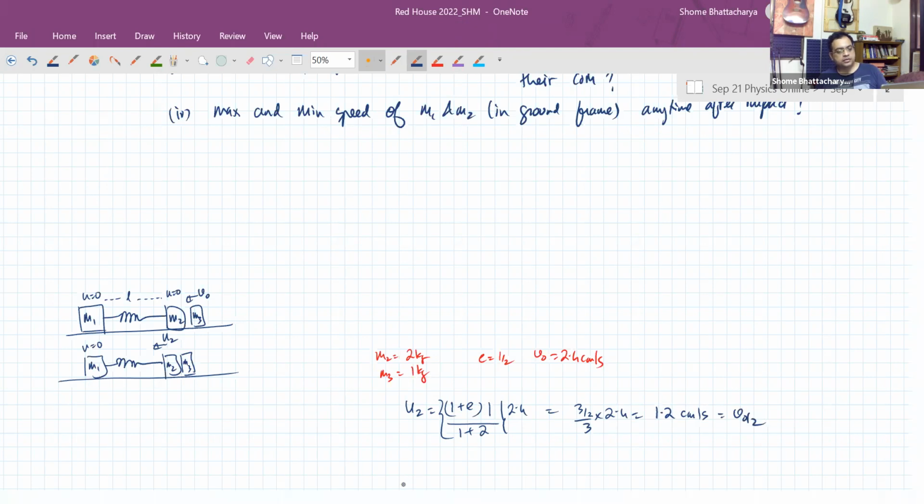And this one will have velocity, let's say u3, that will be m1 minus e m2. I'll actually write this parametrically first, then you can understand it better.